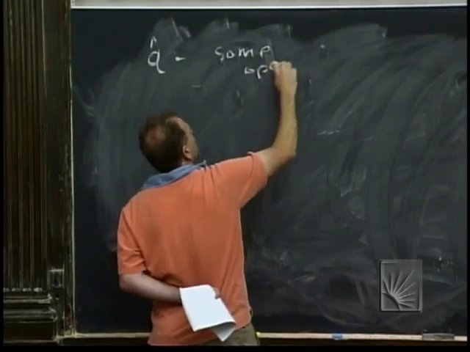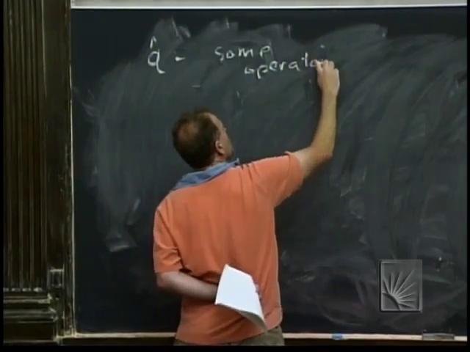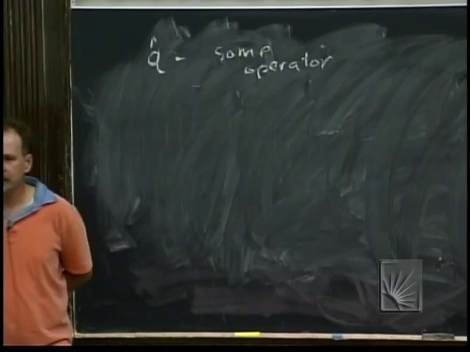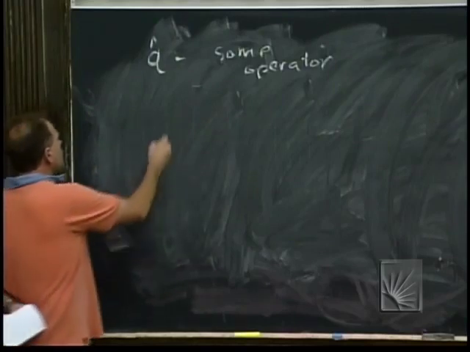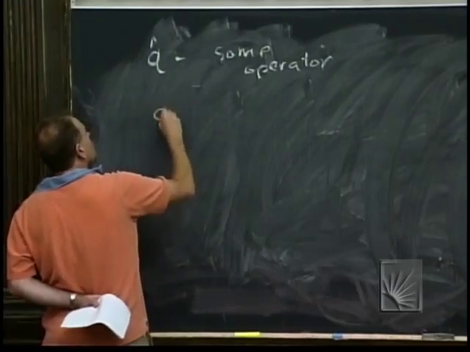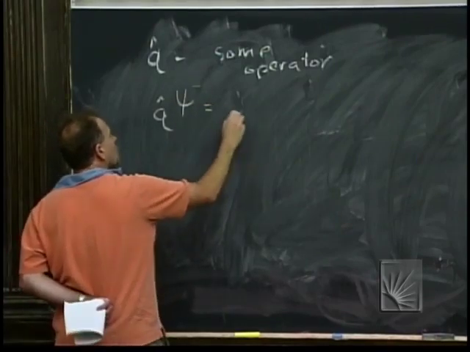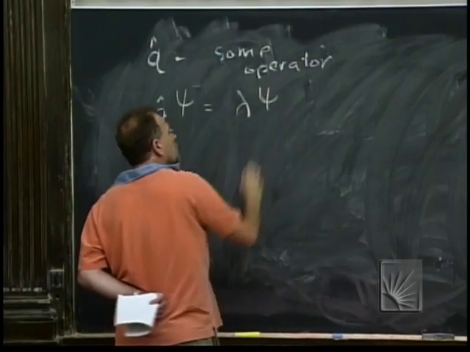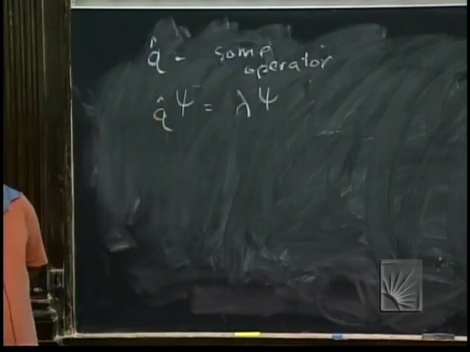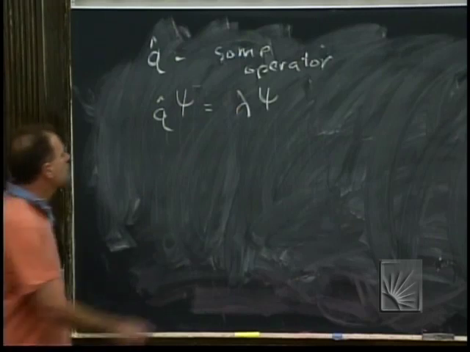I might mean momentum here, I might mean energy, I might mean x. Imagine that Q hat times psi is a number times psi. Okay? And the number I call lambda.